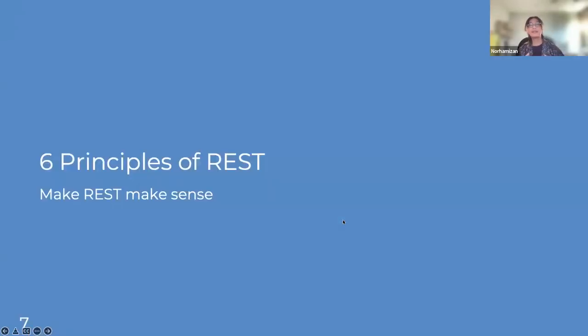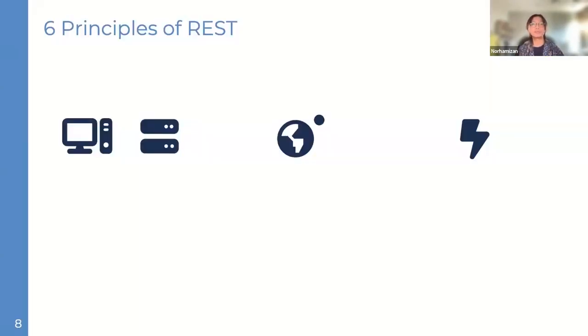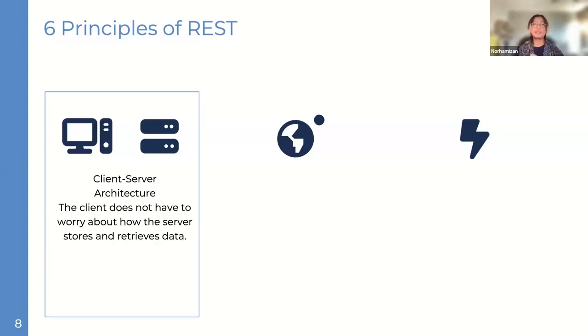So when you're building REST APIs, there are about 6 principles of REST API, 5 compulsory and 1 optional. So let's go through that. So we have the client-server architecture. So basically what you would want to have is your clients, your mobile apps, your website, IoT device, your computers.